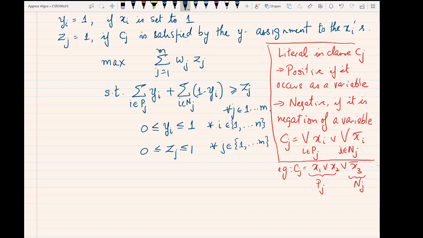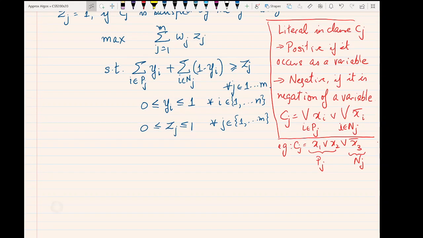So now we are going to go ahead and solve the linear program as the first step of our algorithm. We get the optimal solution, which is fractional, so the yi's and zj's may be some real numbers lying between 0 and 1.